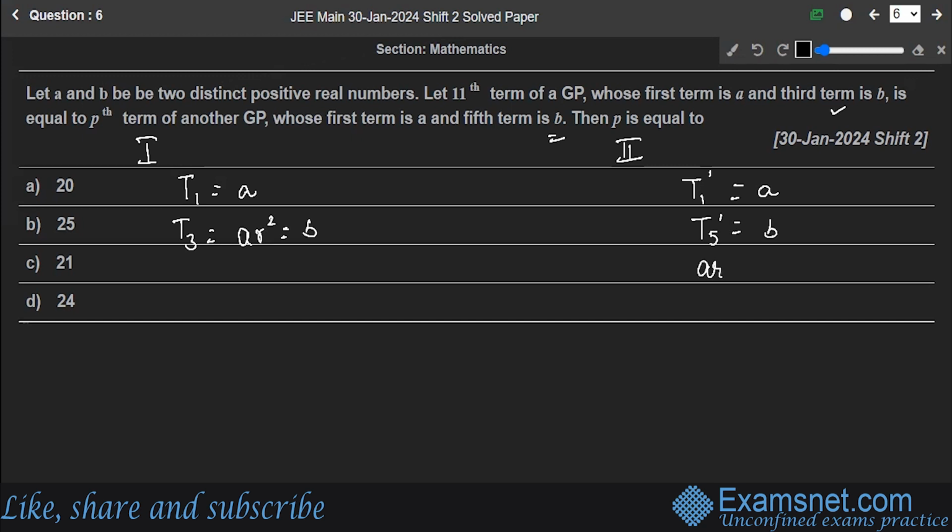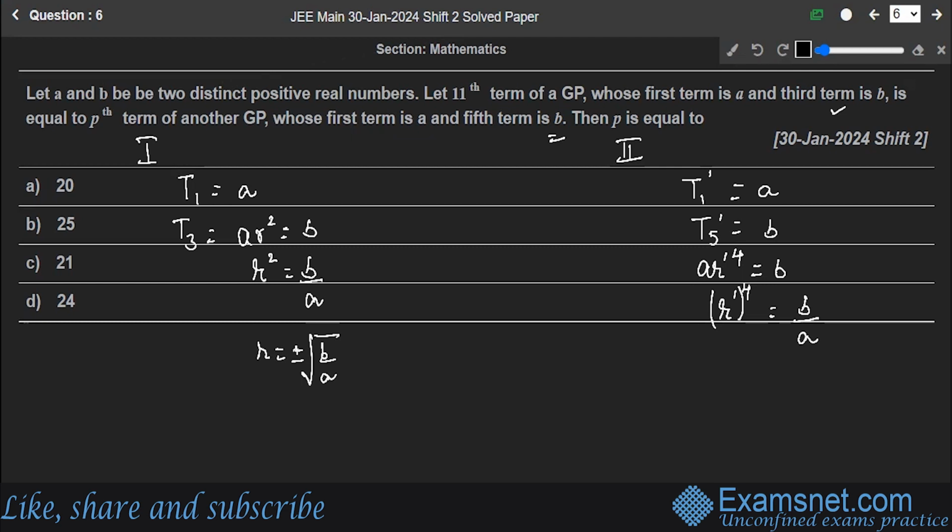That makes A R dash to the power 5 minus 1, that's 4, is equal to B. So R dash to the power 4 is equal to B by A. All right. So also from here, you have R square is equal to B by A, or R will be given by plus minus root B by A. Okay.